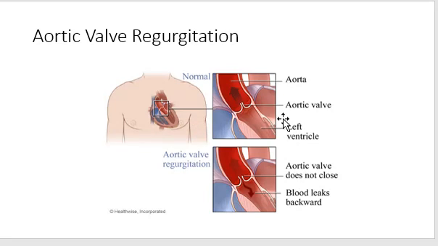And then with aortic valve regurgitation, here's your aorta, and this is your left ventricle. There's backflow backwards from the aortic valve because it doesn't close. Hence, you're going to have some of the symptoms associated with that backflow into the left side of the heart.